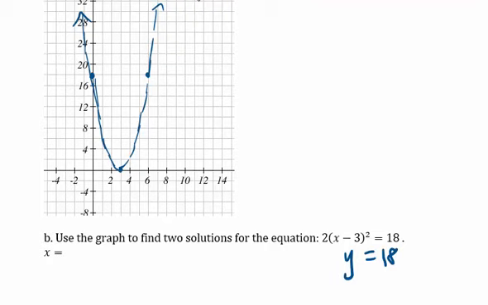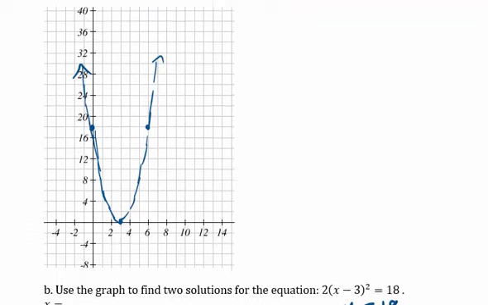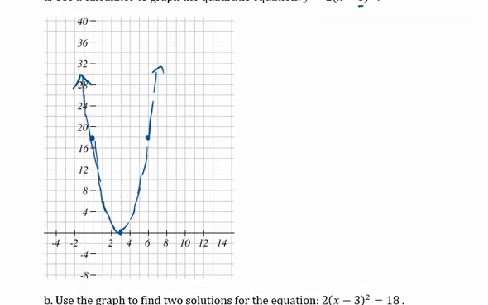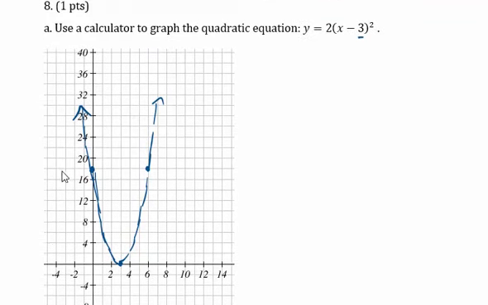And so I can go to my graph that I just drew, locate where y equals 18 is, and determine where those intersections are. And so I'm just going to look down to the x-axis, and I see that one of them occurs when x is 0 and the other is when x is 6. So those are my answers.